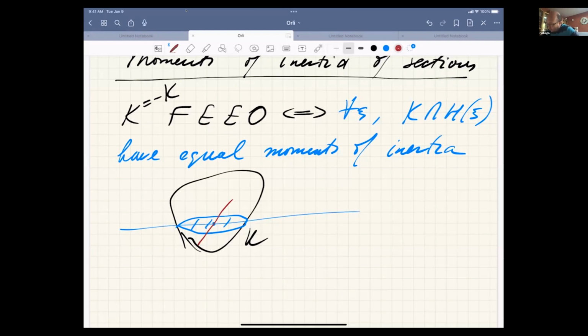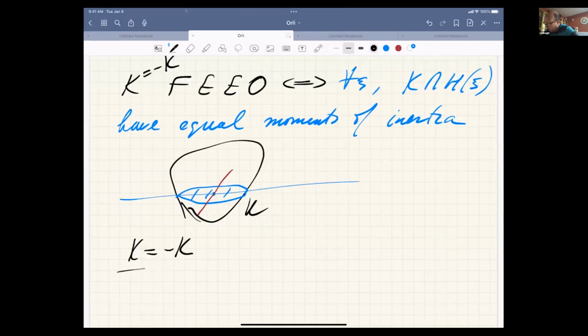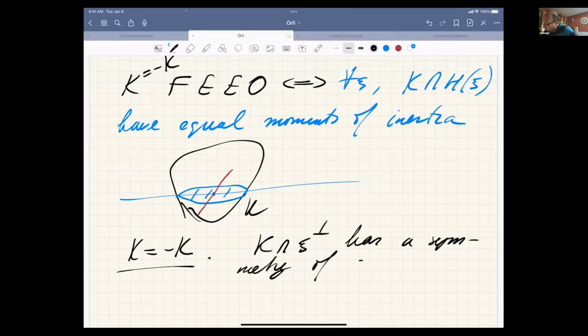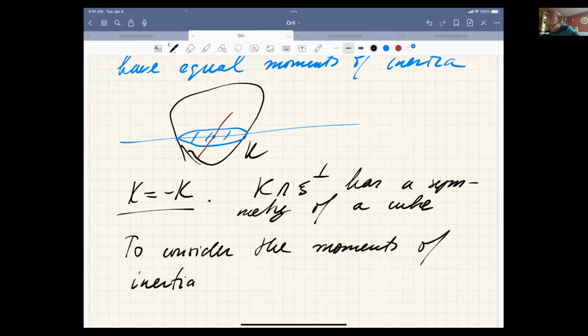The idea of Saroglu is to consider moments of inertia. So we have K equal to minus K. K intersection psi perp has the symmetry of a cube, I recall. And just consider the moments of inertia of K intersection psi perp for any psi.